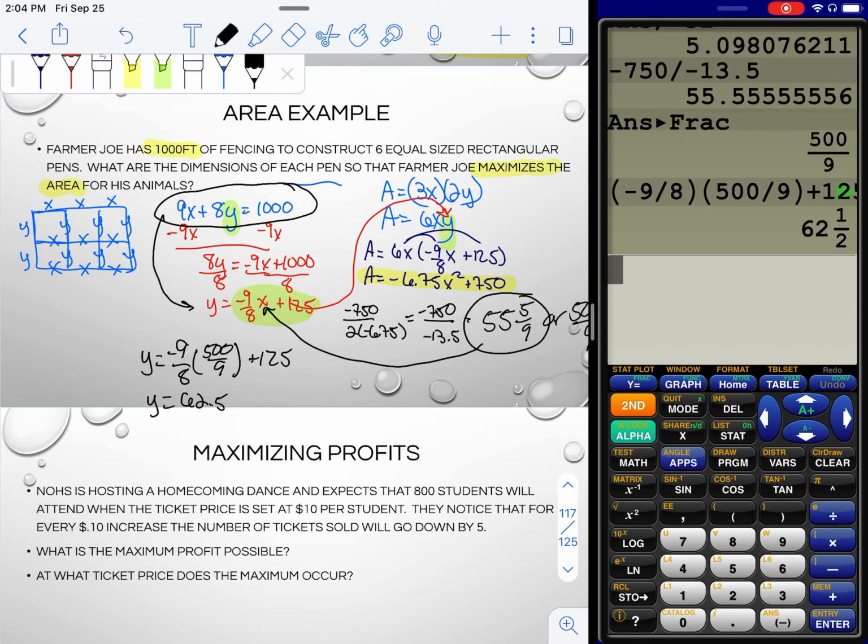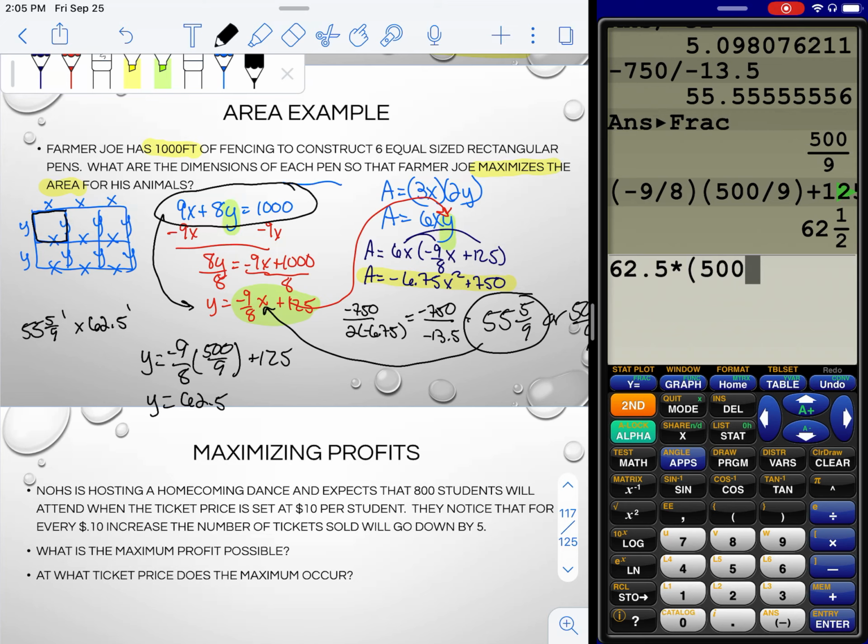Okay, so to answer the question, what are the dimensions of each pen? That's just x by y. So the dimensions are going to be 55 and 5/9 feet by 62.5 feet. Now, one thing I like to do, and a lot of questions ask a follow-up, is find the maximum area. So what you could do is take your 62.5 times your 500/9.